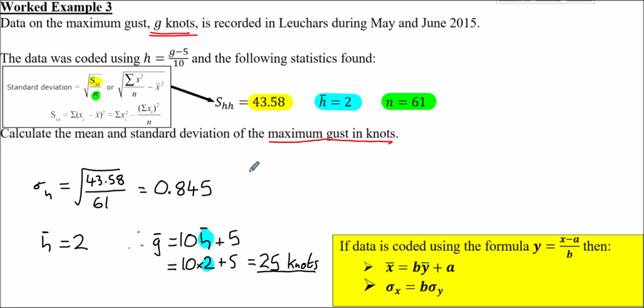And the standard deviation of g is just going to be what we divided by, which is 10 multiplied by the standard deviation of h. So it's 10 times this, which to 3 sig figs again is 8.45 knots.